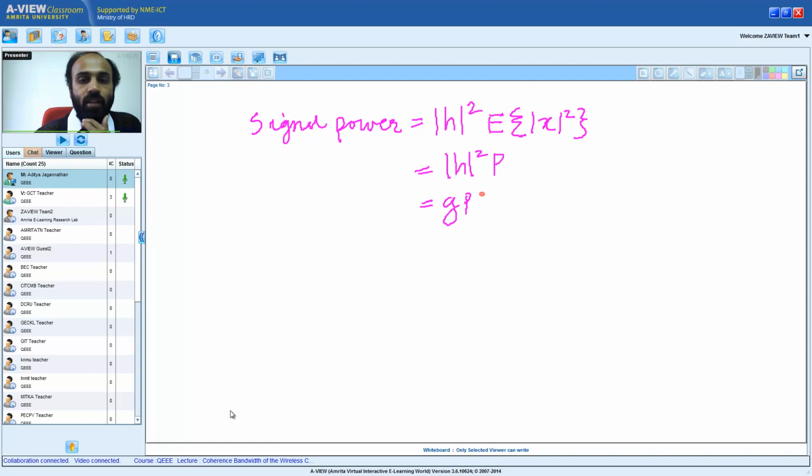This is basically saying that if the transmitted power is P, and the power gain of the wireless channel, that is magnitude h squared, is G, then the received power is equal to G times P.